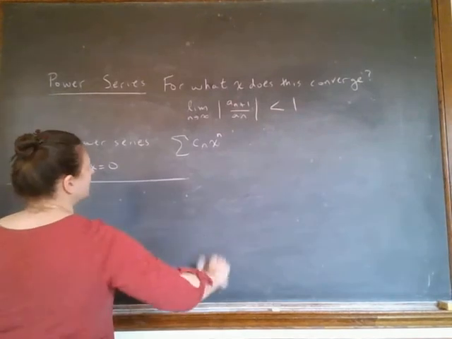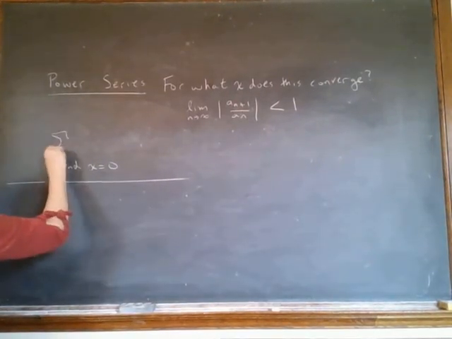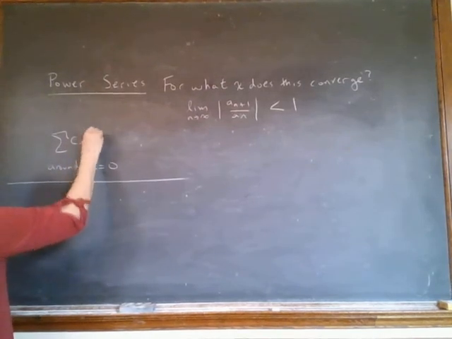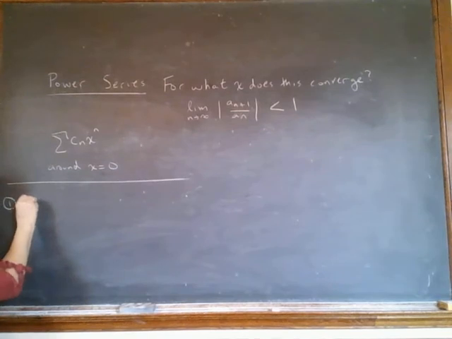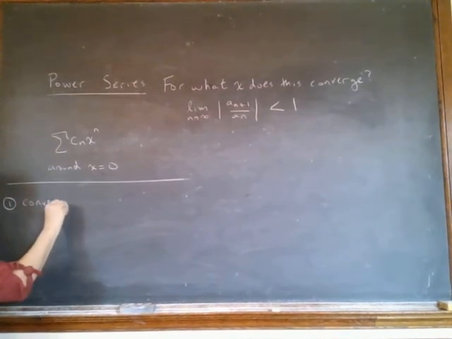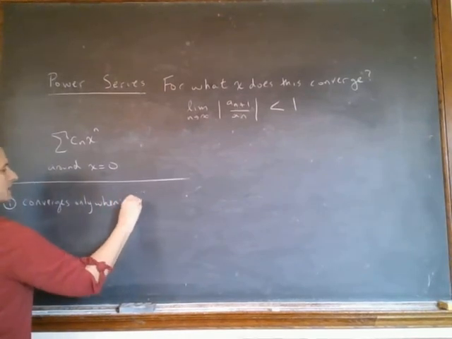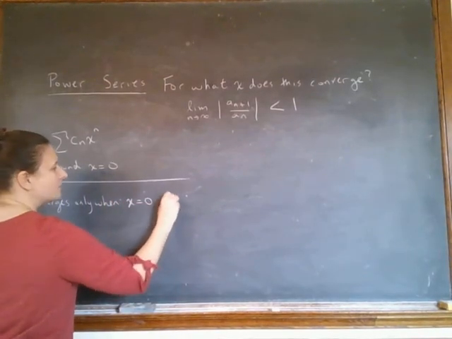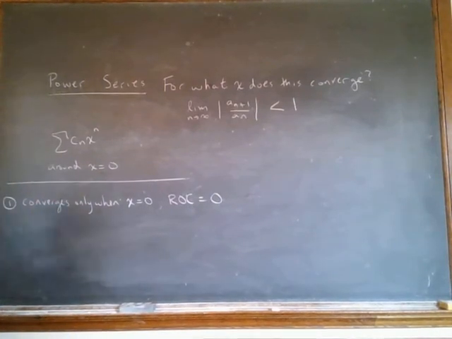Let me write it this way. One possibility is that it converges only when x equals 0. For this, we call the radius of convergence 0 because nothing else converges.